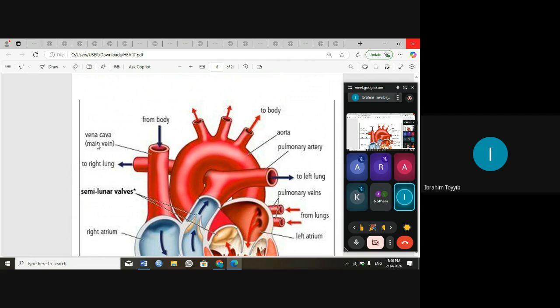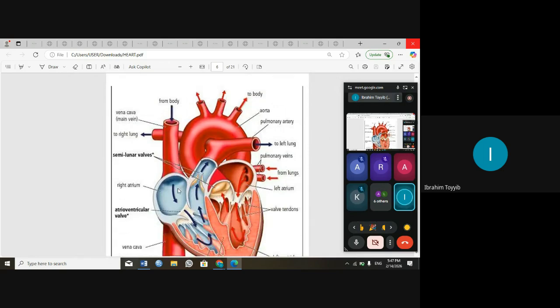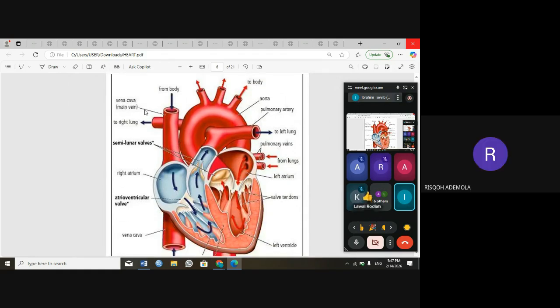Even if you have captured this like main vein, vena cava, you just get the answer. You might not be able to read all things, but whatever your eyes have captured, whenever you see a question resembling it, you just choose that option. You might be doubting, but you know that this is what I've seen before. I've shown you this structure before, haven't I? You have. And there's main vein there.